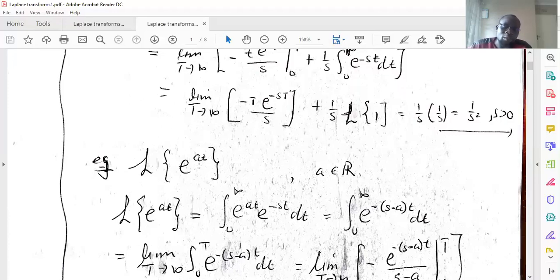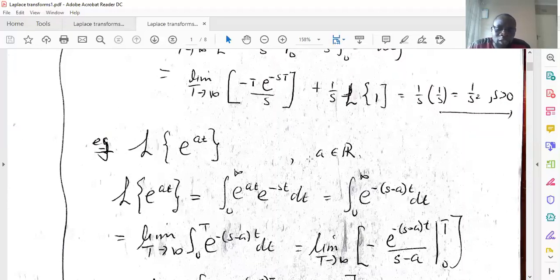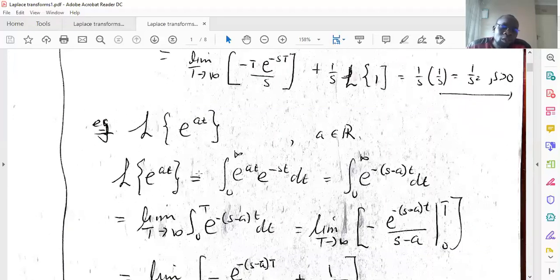This would be a general result for all the exponential functions of this form. So in the usual manner, the Laplace transform is basically going to be the integral where there was f of t, you replace it by e to the power at, and then this is the kernel of the Laplace transform that is always there.